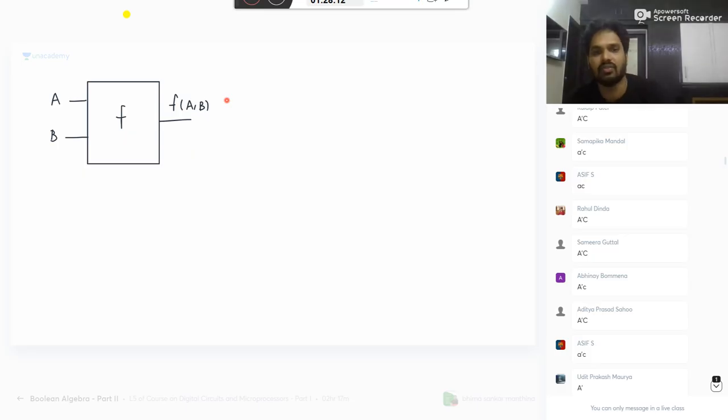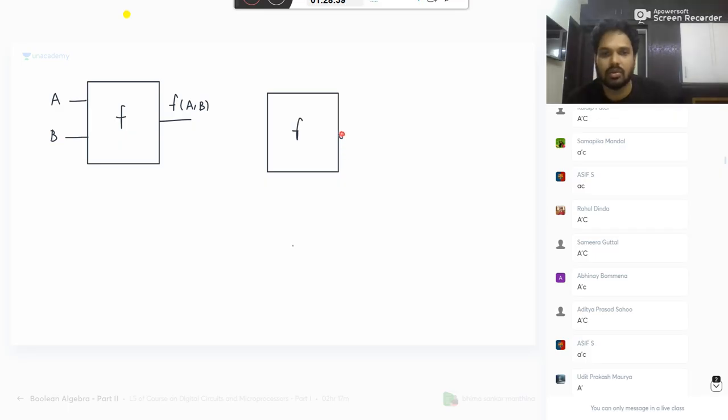I have a function. Okay, now what I am saying is, take here one small bubble on function f. Bubble means inverter. My dear friends, please understand here. What is bubble? Yeah, variables are not changed.